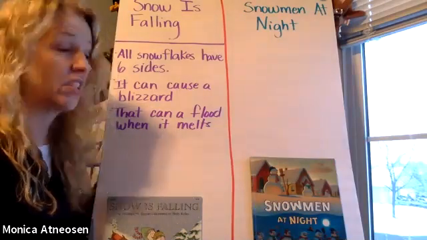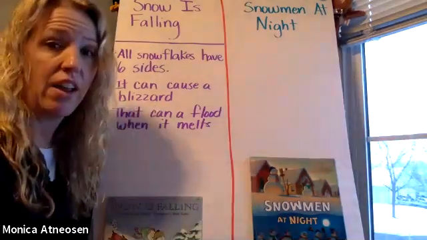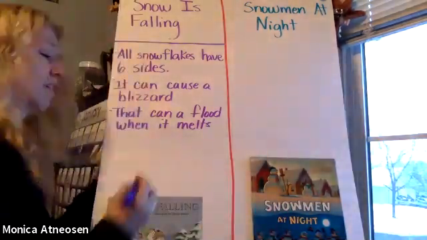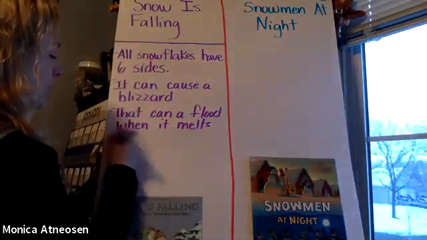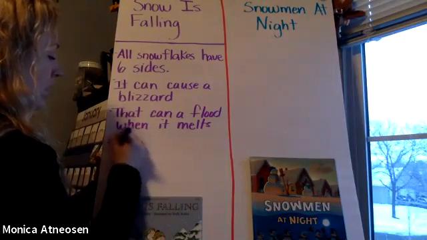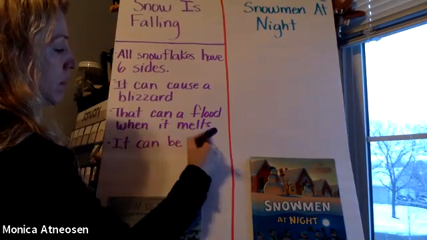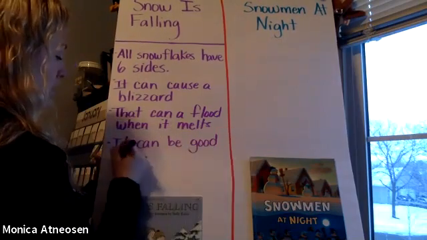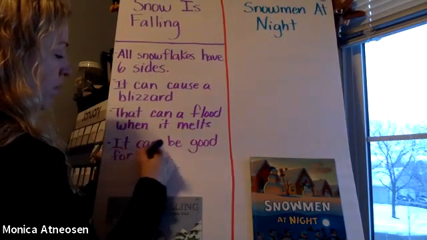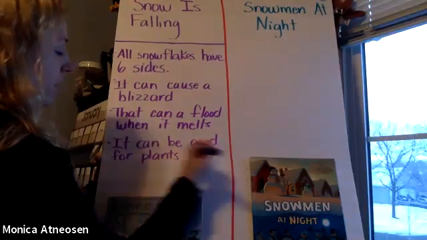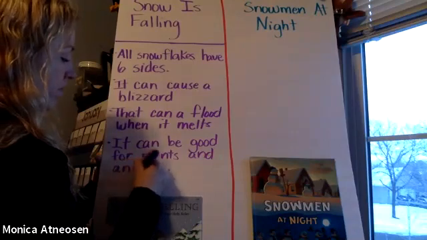Snow, if it's not too much like that, gives water to our plants and our animals. Okay, so that's something we learned. It can be good for plants and animals.